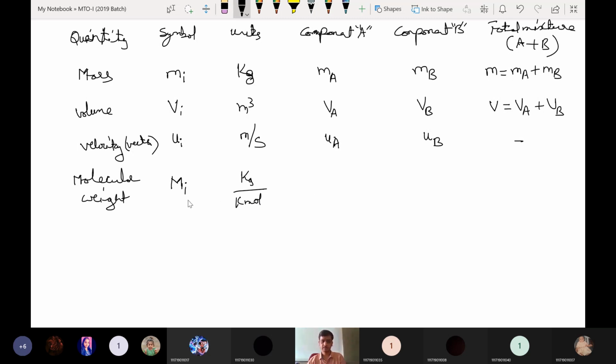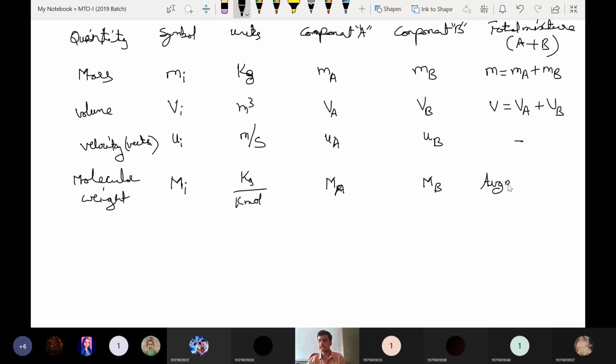For component A it is capital M subscript capital A, and for component B it is capital M subscript capital B. This is not an additive property, so we cannot use Ma plus Mb as such.